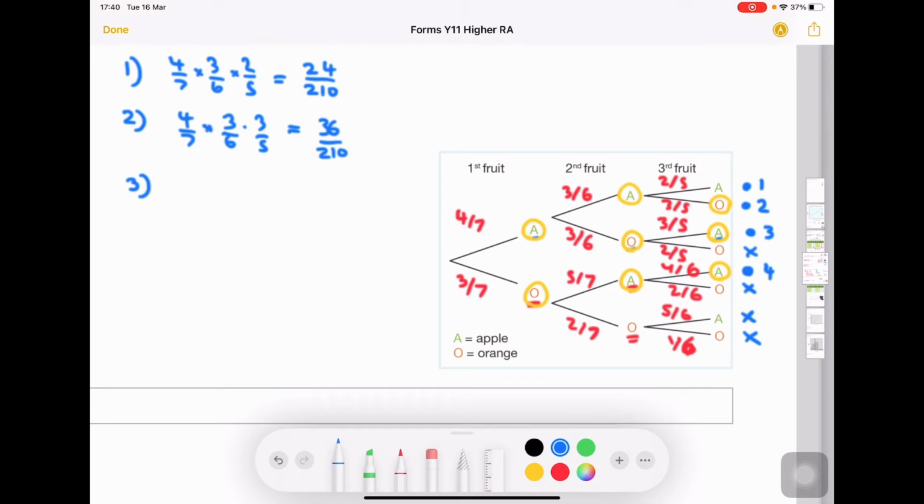There should be multiplication signs between these 3 fractions. The third probability is 4 over 7 times 3 over 5. So as you can see, the values are exactly the same as the second one. So 36 over 210.